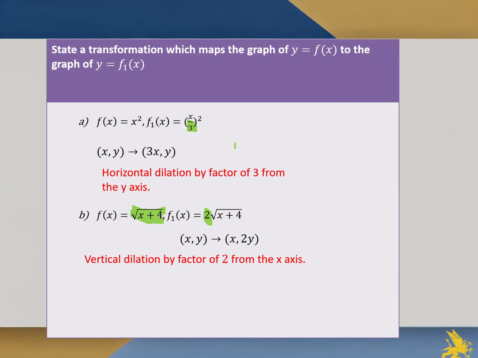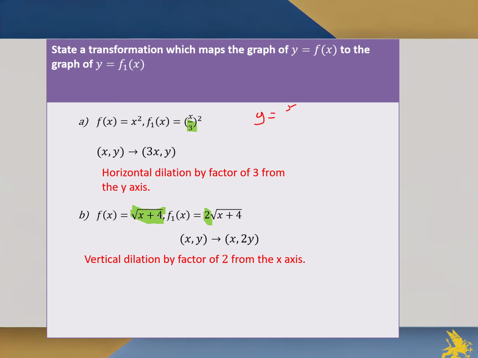Now, even though I have just done it this way, I'm going to add in one extra part and go back to A quickly. So if you get confused on what that divide by 3 actually means, just rewrite it.